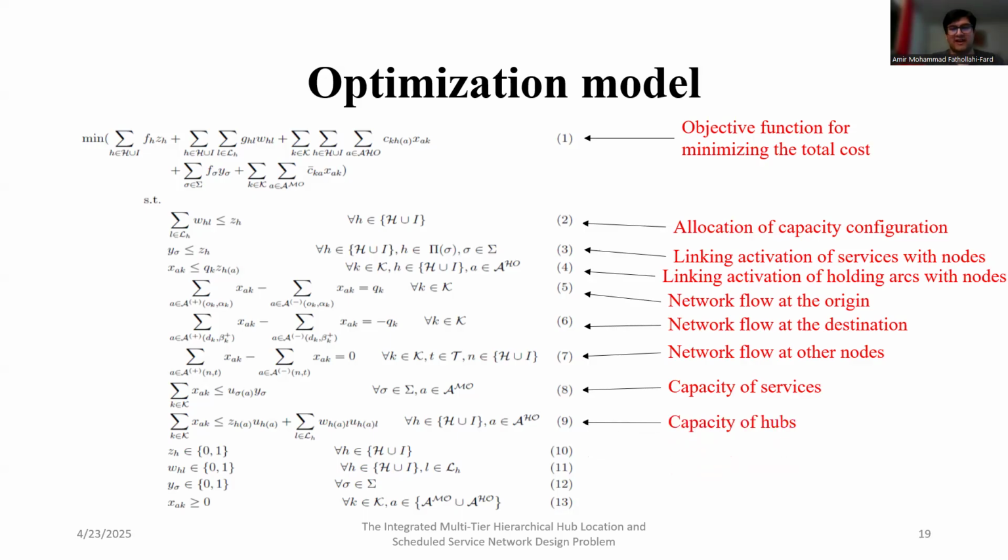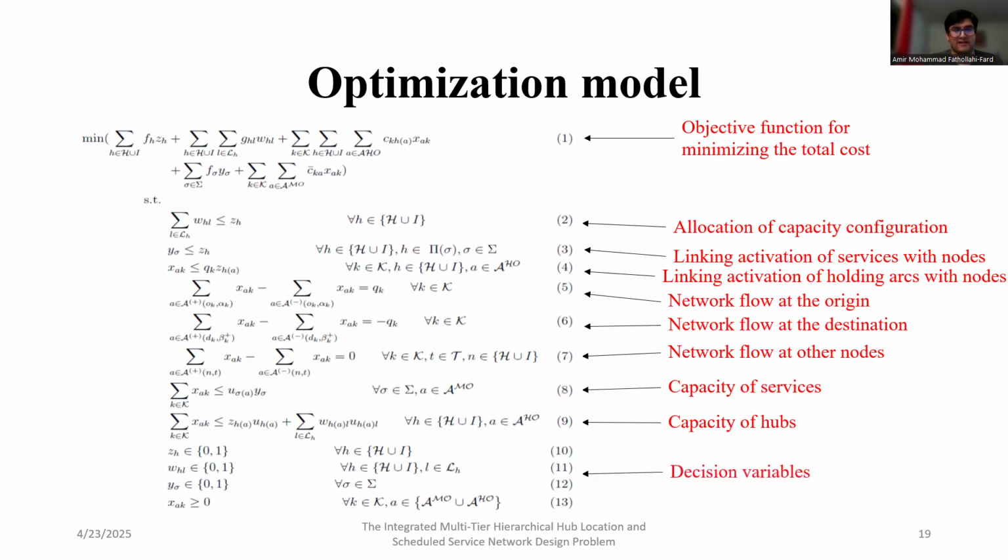And there is also a capacity limitation for the hubs. It means that if we store a demand at the hub, we must be able to satisfy the capacity limitation for the assigned demands to the hubs. So for both the services and hubs, we must meet the capacity limitation regarding the volume of the demands.